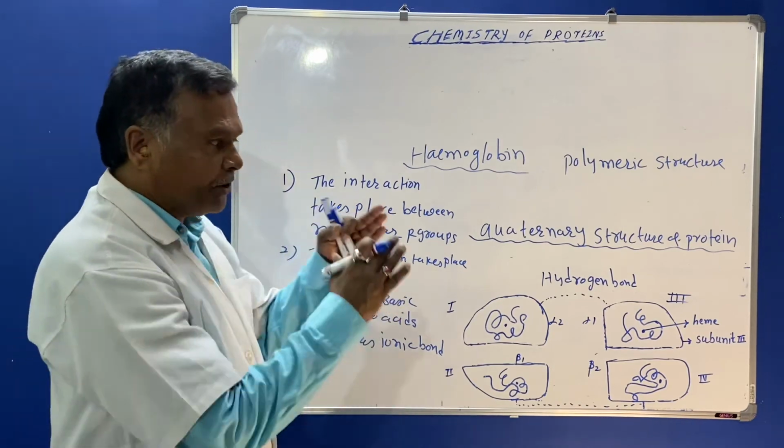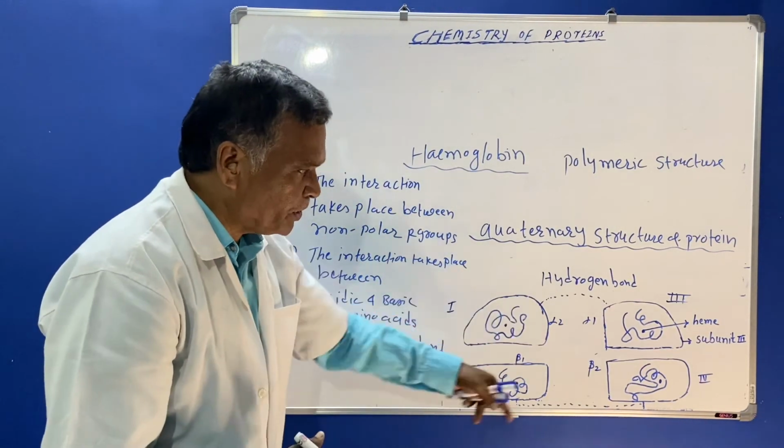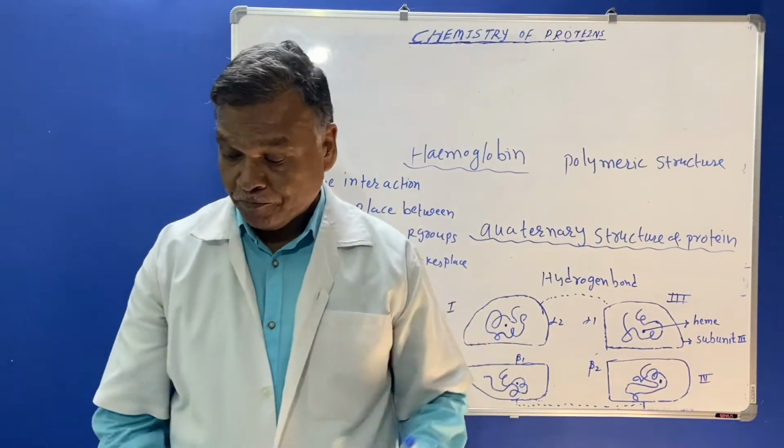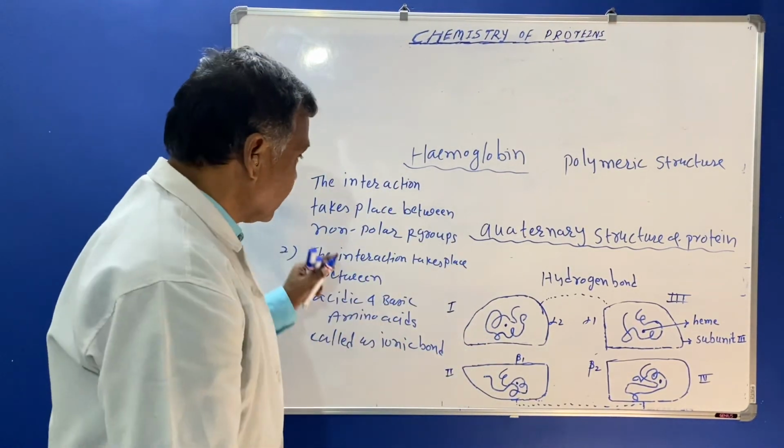So the formation of bonds takes place between the 4 different polypeptides to make the structure stable. Therefore, you must know that these are the bonds which take place.